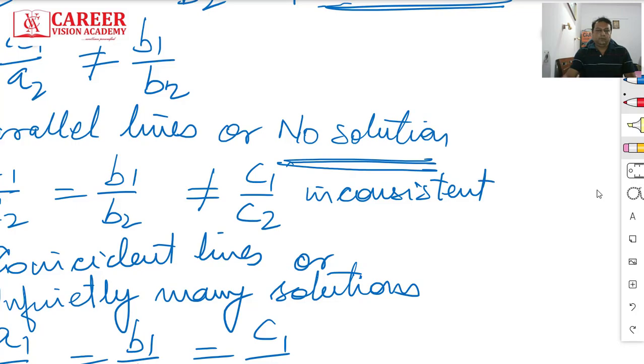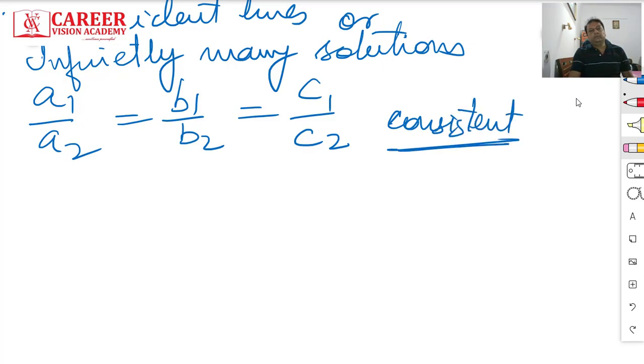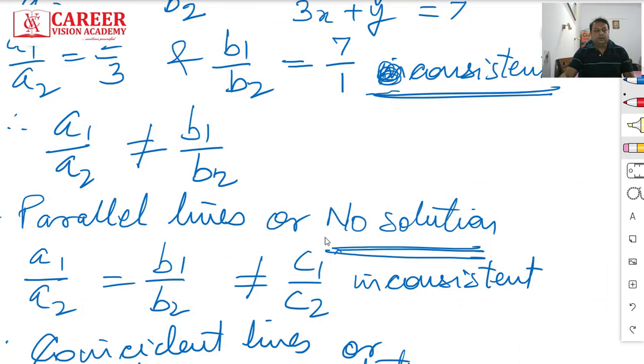The third case is infinitely many solutions. We have a solution, in fact infinitely many, so these are also consistent. So there are two consistent cases, intersecting lines and coincident lines. In the case of parallel lines, we have no solution and they are inconsistent.